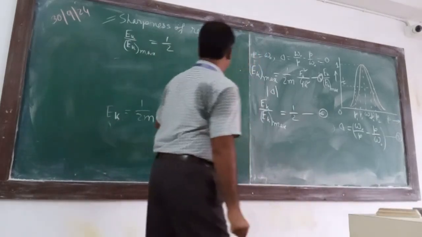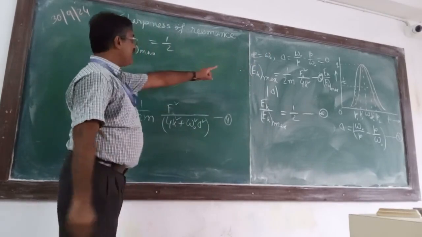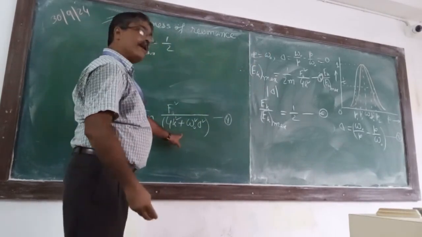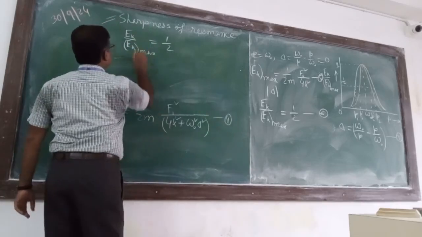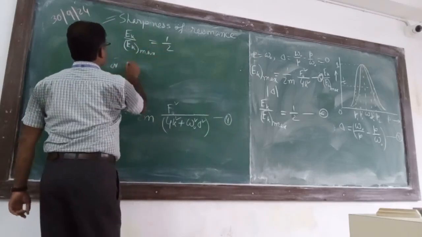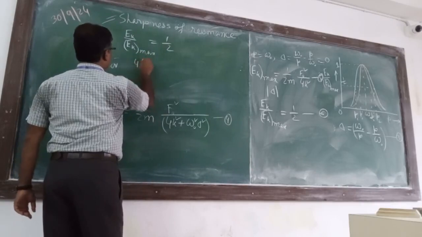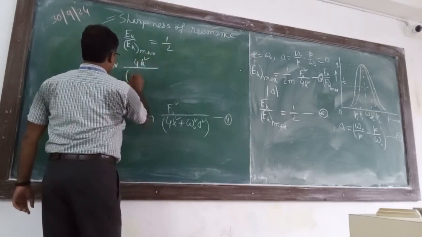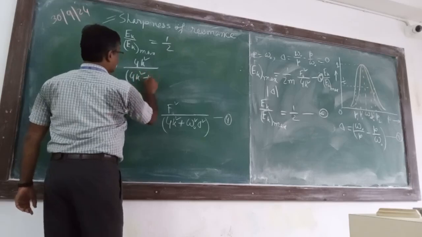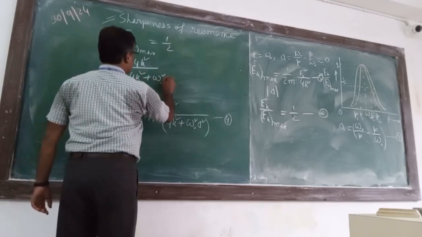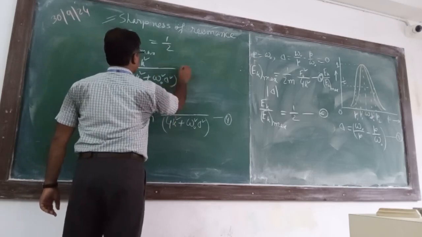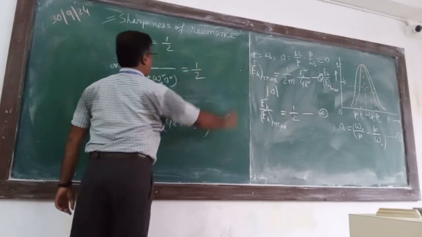Ek by Ek max equals to, all they cancel, then 4k square by this one. Or Ek by Ek max equals to half, or 4k square by 4k square plus omega naught square del square equals to half.